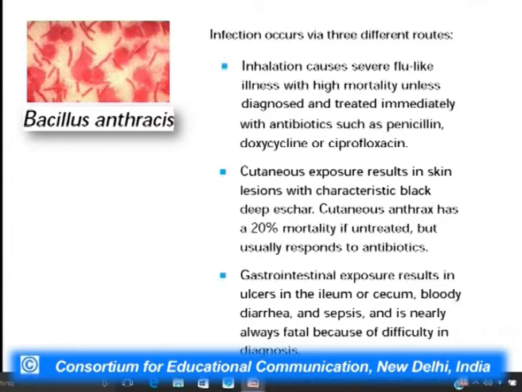Cutaneous anthrax has a 20% mortality if untreated, but usually responds to antibiotics. The GI, that is gastrointestinal, exposure results in ulcers in the ileum or cecum, bloody diarrhea and sepsis, and is almost always fatal because it generally goes undetected and diagnosis is not made at the right time. So, most of the time people die because of anthrax.